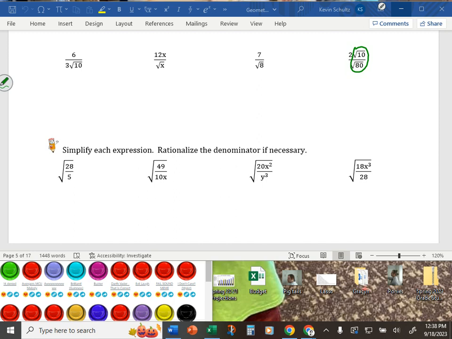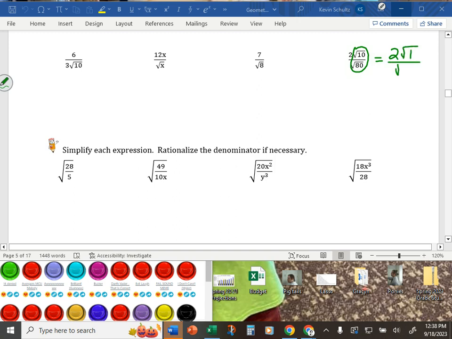And what does 10/80ths simplify to be? 1/8. So right off the bat, this can be written as 2 root 1 over root 8, because that 10/80ths can be simplified to be 1/8. And what do we like about that, Colin? The root of 1 is just 1. The root of 1 is just 1. So really, we can rewrite this to be 2 over root 8.